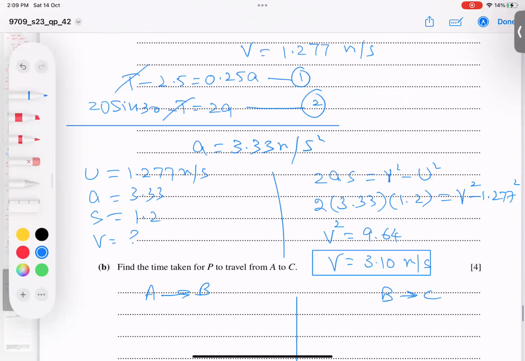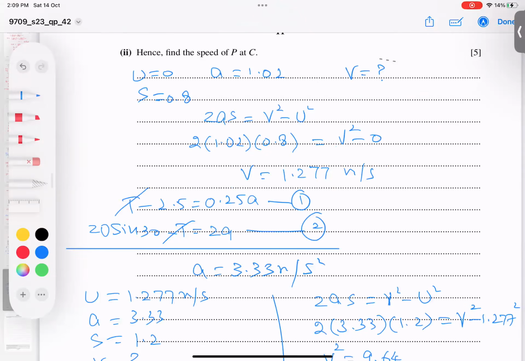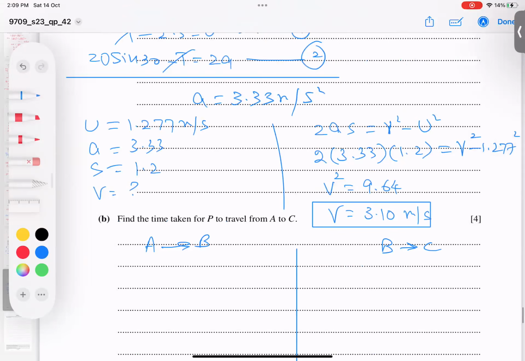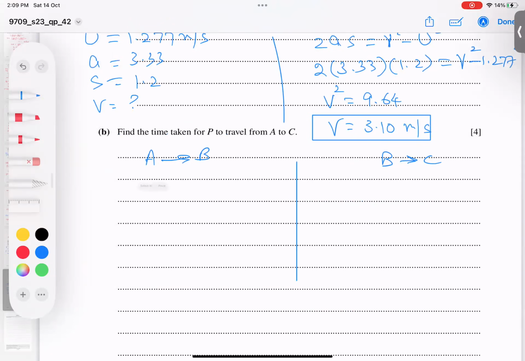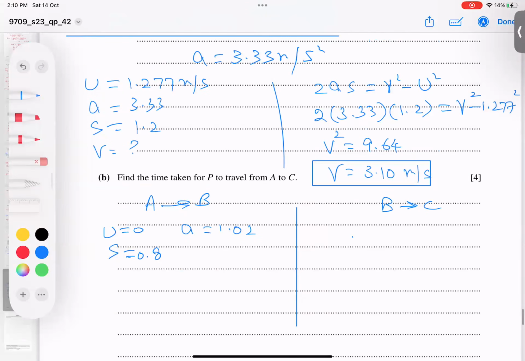Okay, I'm just copying the data. This is A to B data. Okay, all right, this is done. And this data from the top I picked from here. This data I'm using now.